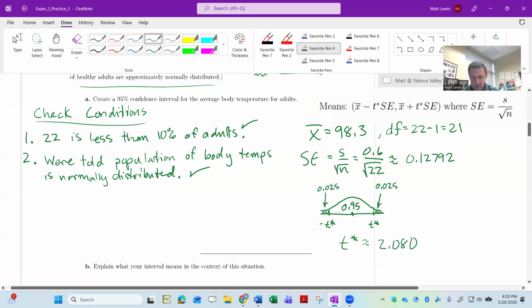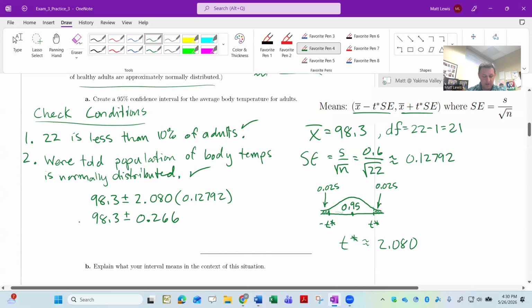So, excuse me, now we can put it all together, right? The interval is made by taking your sample mean, 98.3, adding and subtracting t star, which is 2.08, times my standard error, 0.1272. 98.3 plus or minus 0.266.